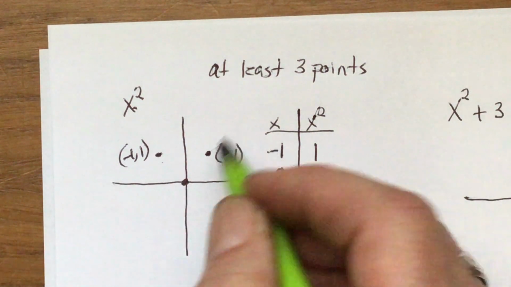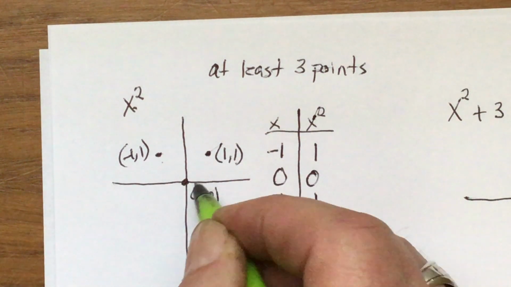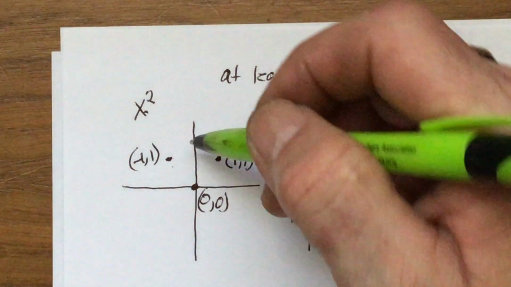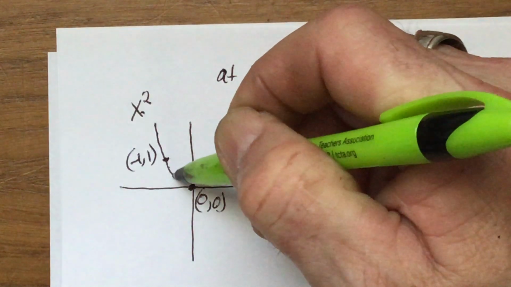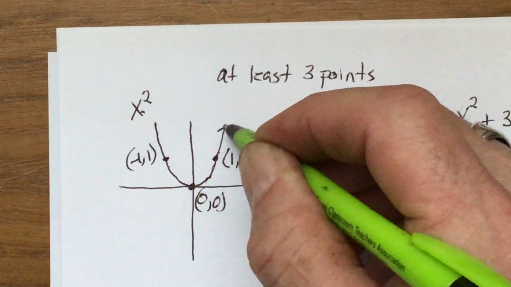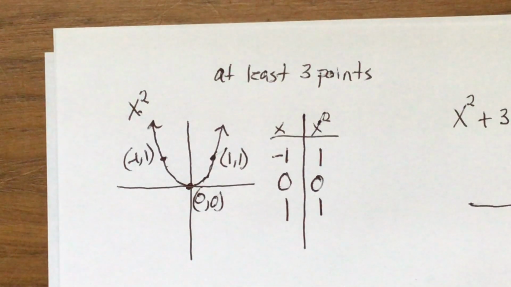And right here is 0, 0. I've drawn all 3 points. It's a U shape, and so it's going to go like this. And it's done.